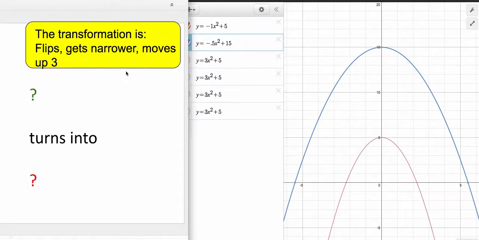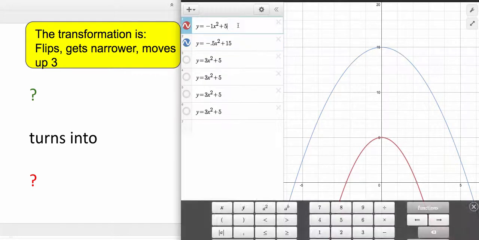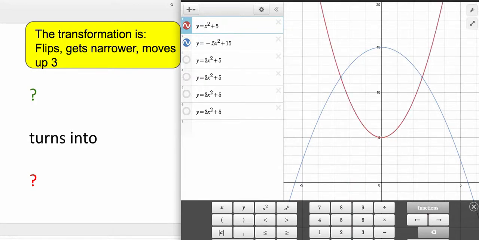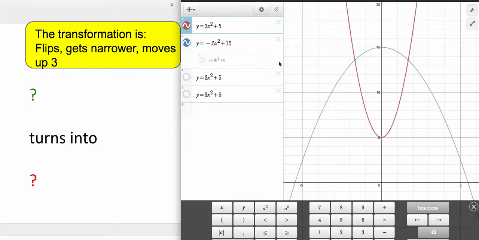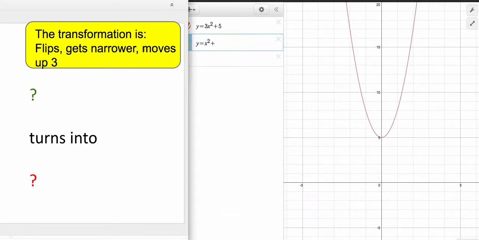This next question is kind of a tough one. I'm looking for a transformation that flips direction, gets narrower, and moves up 3. So I'm just going to come up with a generic one like 3x squared plus 5. And I'm looking for an equation that will do all of those things. So I'm going to focus on this part first.